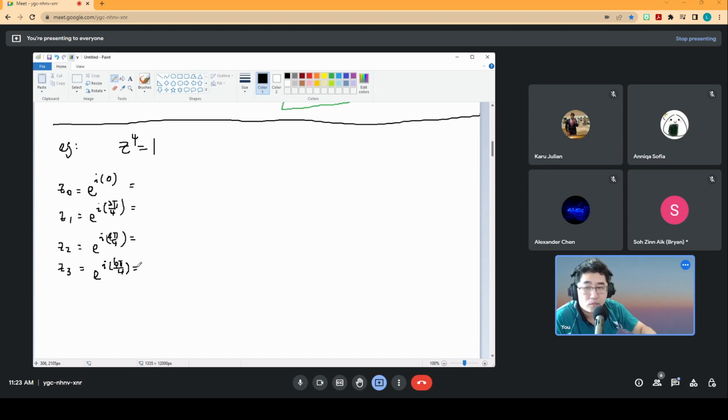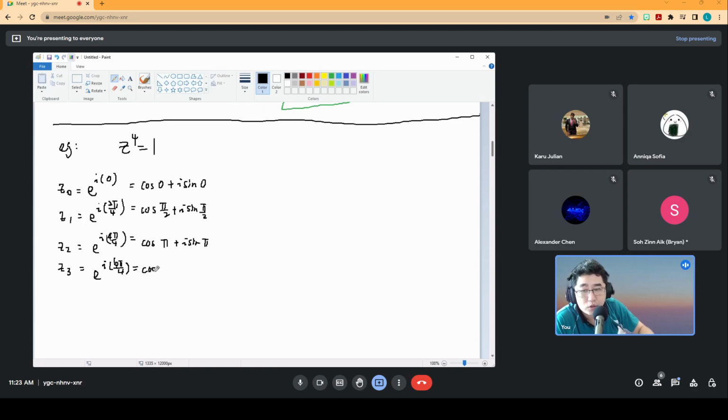Okay, so then I can write them in modulus argument form. I have cos 0 plus i sin 0, of course. Then cos of pi over 2 plus i sin pi over 2. Then cos of pi plus i sin pi.